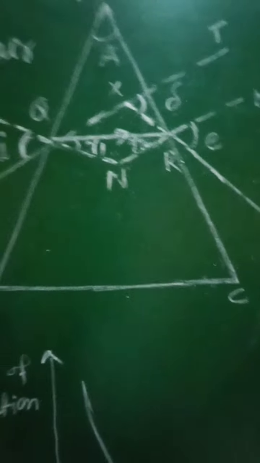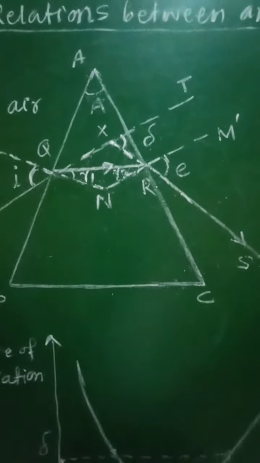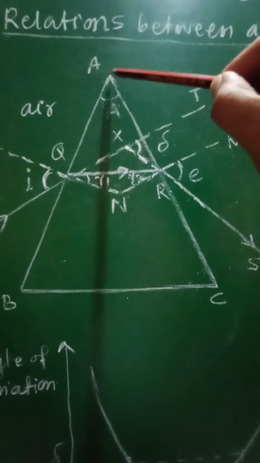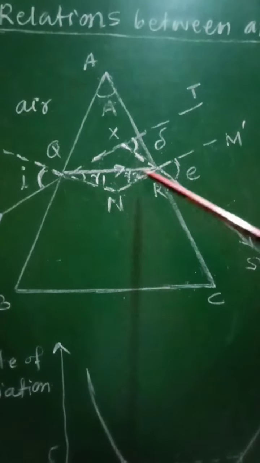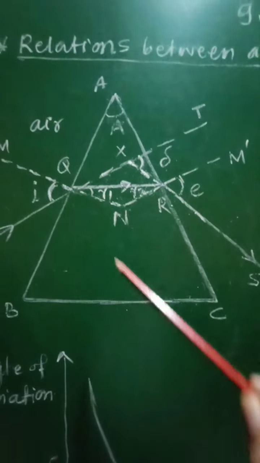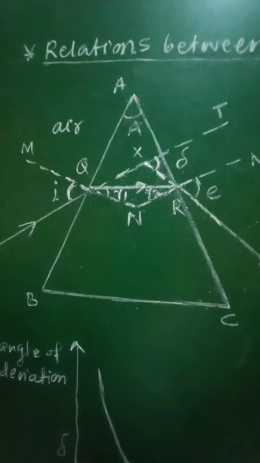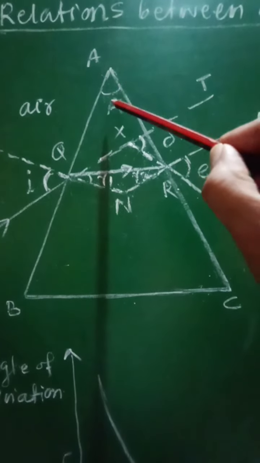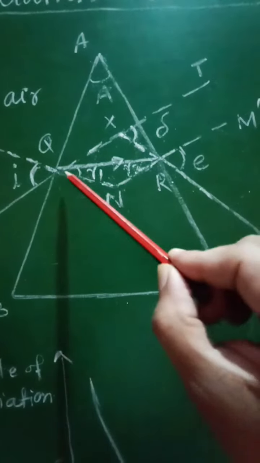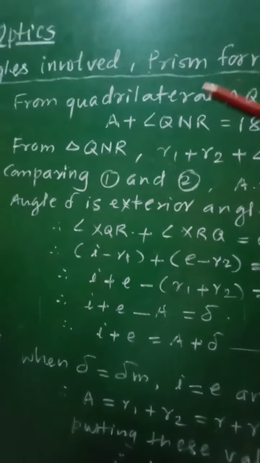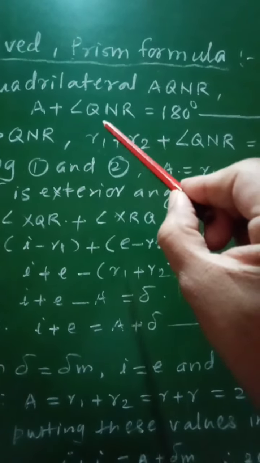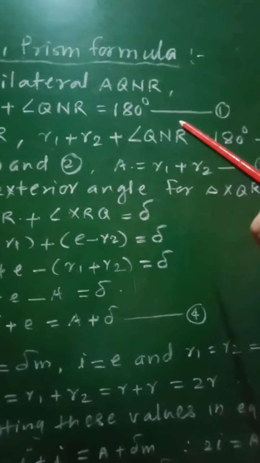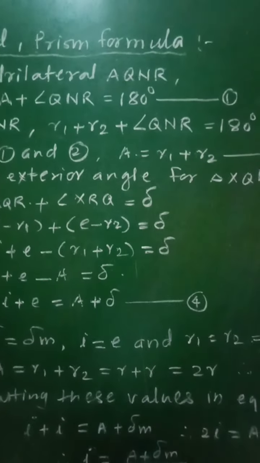And therefore from this figure we can first of all consider this quadrilateral AQNR. From this quadrilateral, the measure of A plus the measure of QNR will be equal to 180 degree, and therefore we can write from quadrilateral AQNR: A plus angle QNR equal to 180 degree, equation 1.